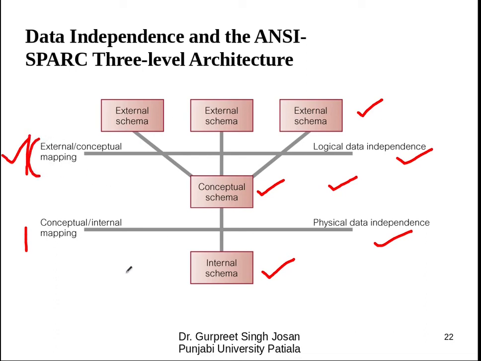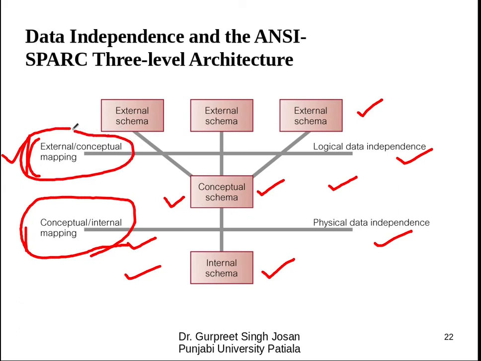Similarly, changes we perform at the internal schema level will be absorbed by a small program called the conceptual to internal mapping. This program is responsible for consuming all the changes, so our conceptual schema will not be affected. Similarly, the other program consumes all the changes at the conceptual level, so our external schema will not be affected.